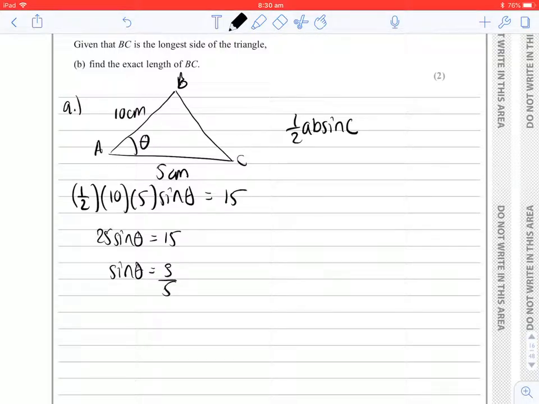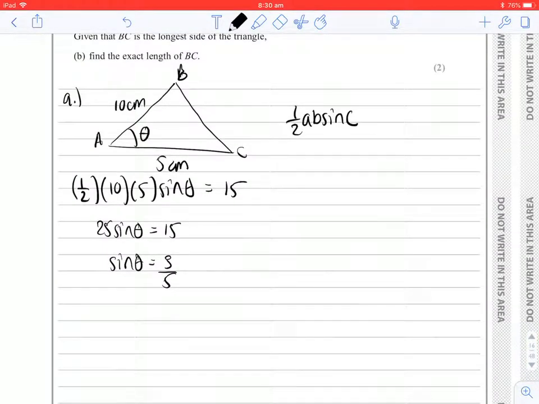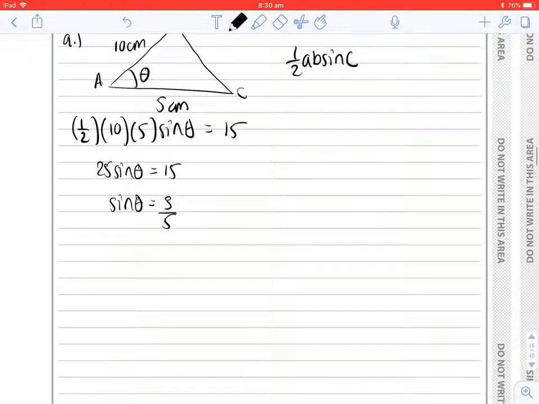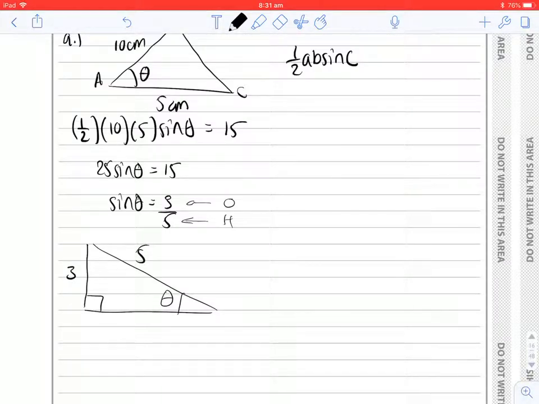Now, the issue is that we've got sine theta here and we're asked to find the possible values of cos theta. So I'm going to look at how sine theta might work in a triangle. If I make up a right angle triangle with an angle theta, we know that sine theta is the opposite over the hypotenuse. So the opposite is 3, the hypotenuse is 5.